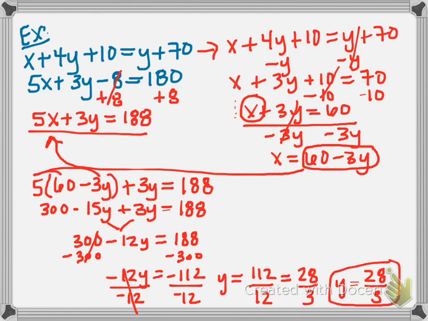Now to find my x value, we're just going to plug that y into one of the equations and solve for x. The easiest place to plug it into is this equation right here. It's already set equal to x. So if we plug in the 28 thirds for the y, we'll get 60 minus 3 times 28 thirds.